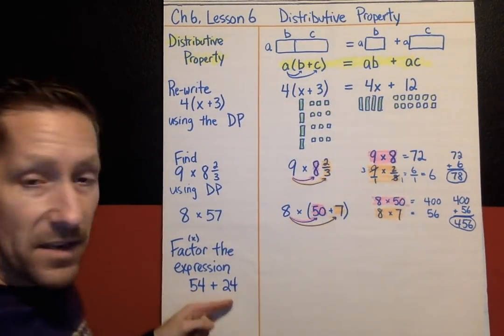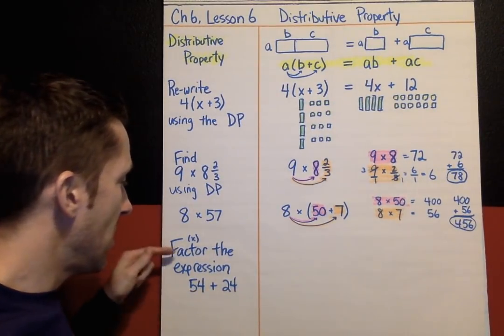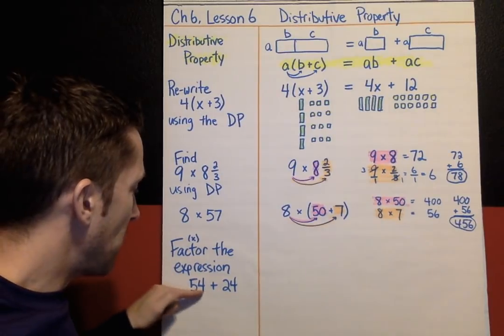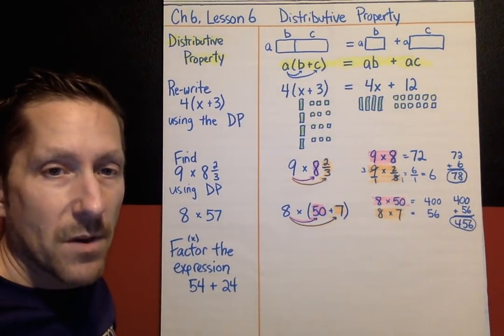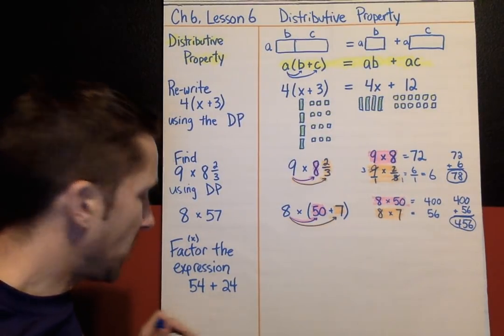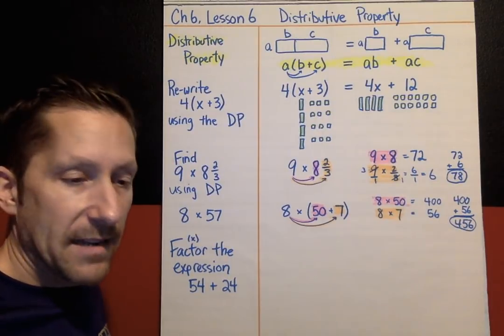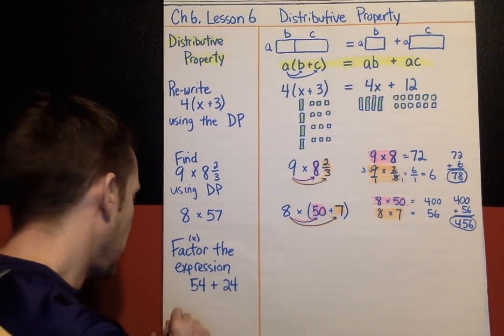Nothing's being multiplied here. It's a sum, 54 plus 24. But we are going to factor this expression. That means we're going to change it into two things being multiplied. This is the structure that we are going to get. We're going to change this expression into something that looks like this.